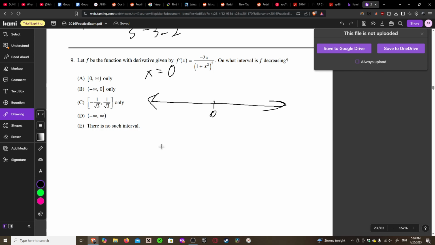So that's 0. So let's try negative 1. That's 2, 1 plus 1, that's 2, 4. That's positive. 1, negative 2, so that is negative. So we know this is wrong, and this is wrong. Also, this is wrong.